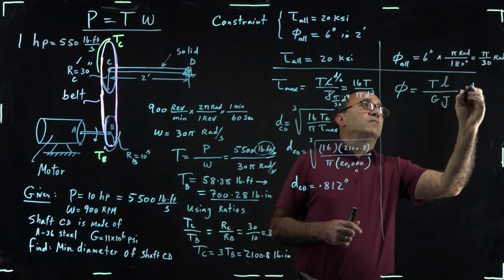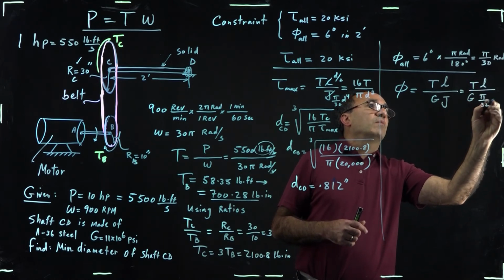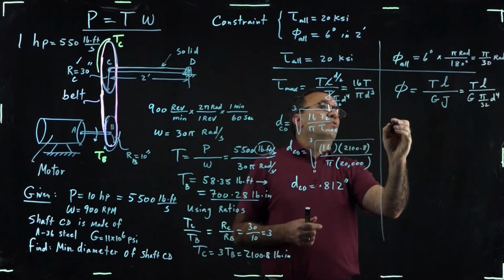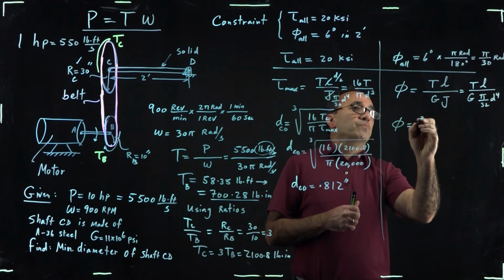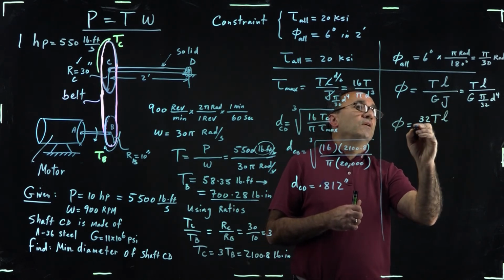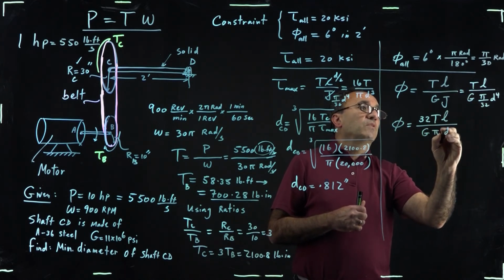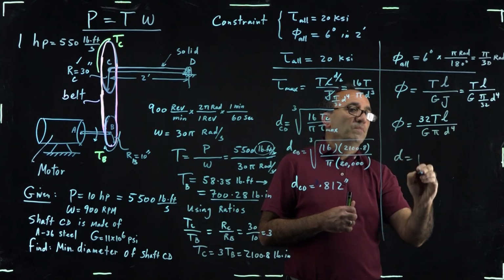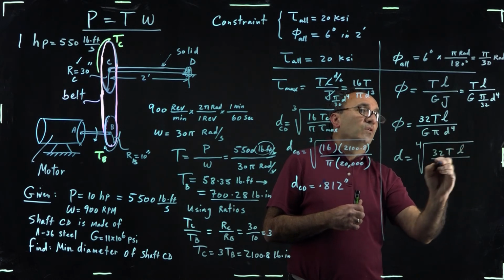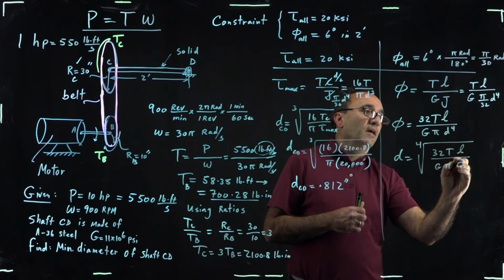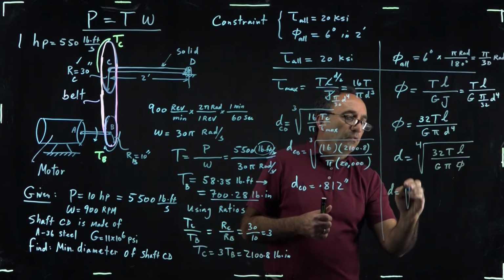If I replace J by pi over 32 diameter to the power 4, I can get an equation similar to this and directly solve for the diameter. 32 goes up into the numerator: torque times L, divided by G pi diameter to the power 4. Rearranging, D becomes the 4th root of 32 torque times length over G pi, and the angle of twist moves to the denominator. So just be very careful with the units, guys.